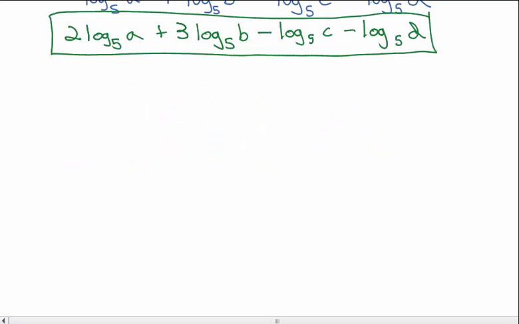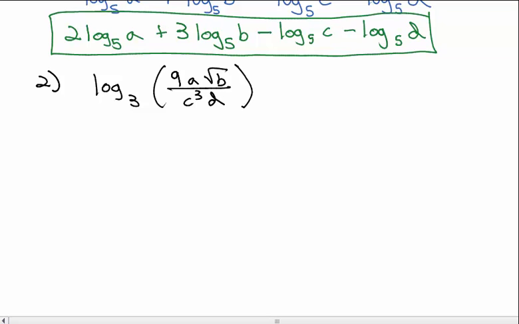Let's do one more example where we're expanding. Let's expand log base 3 of 9a square root of b over c cubed d. Again, each factor gets its own log. Positive logs mean numerators. Negative logs, like negative exponents, mean denominators. So going across the top, we have a log base 3 of 9.